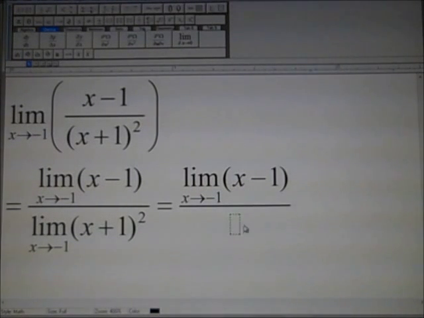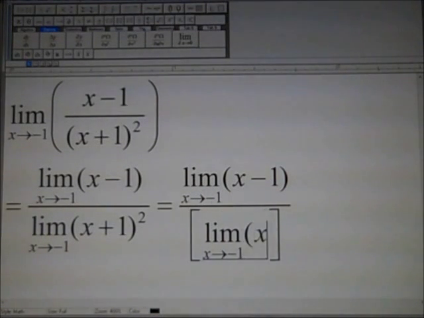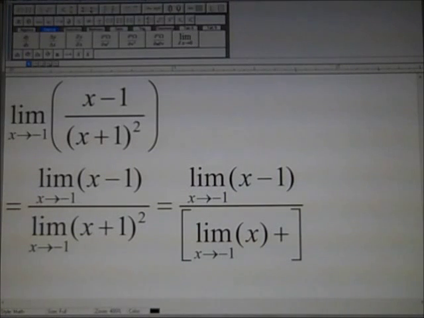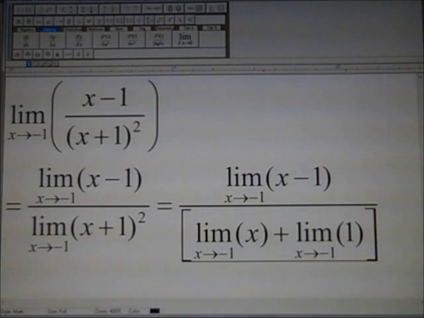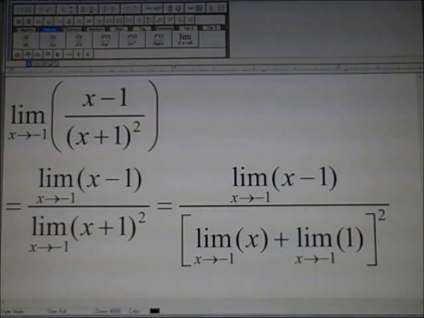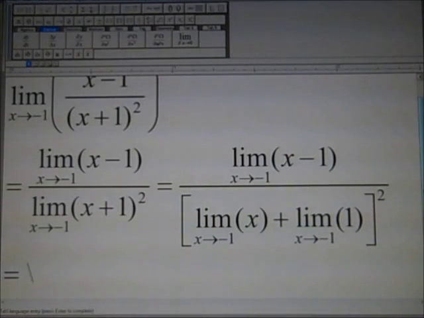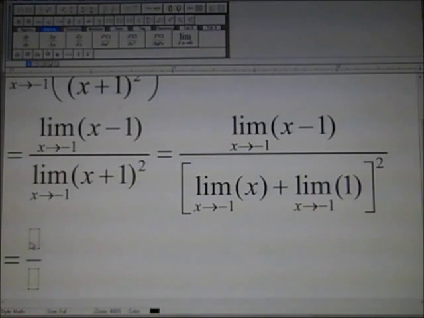When I break this up, what's going to happen? I'm going to have the limit as x approaches negative 1 of x, and then plus the limit as x approaches negative 1 of 1, and then the whole thing is going to be squared. So let's evaluate what that is. Again, not doing anything to the top, let's ignore that for right now.